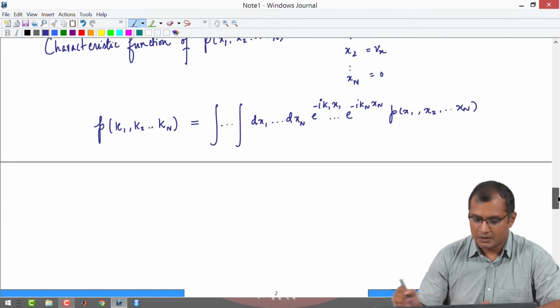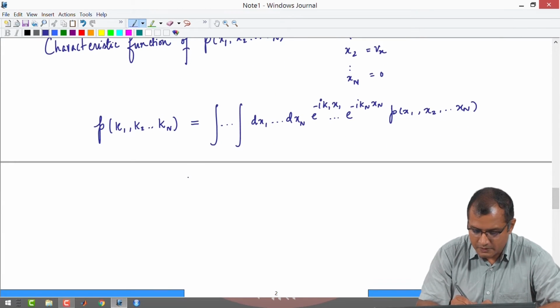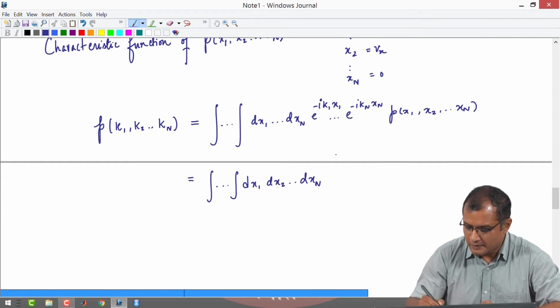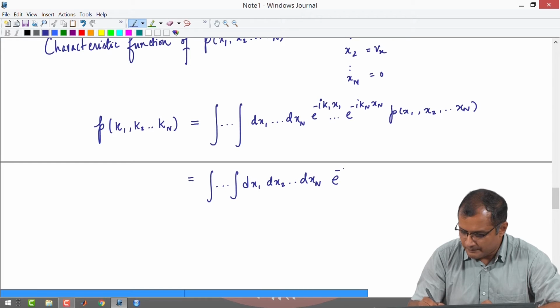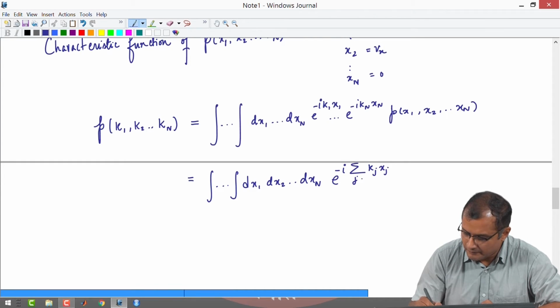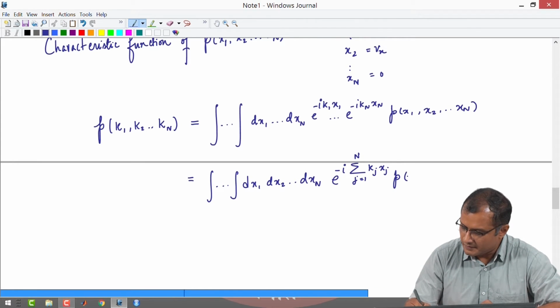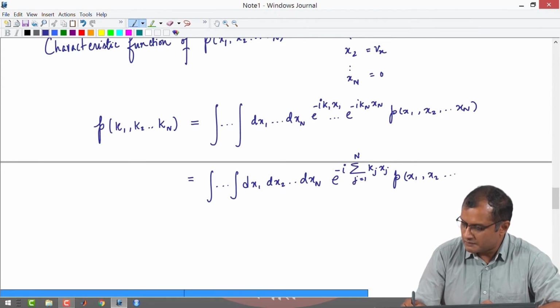Okay. And this will reduce to the integral of this exponential, where j runs from 1 to n, p of x1, x2 all the way to xn.